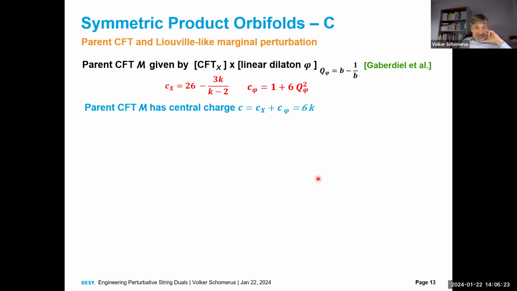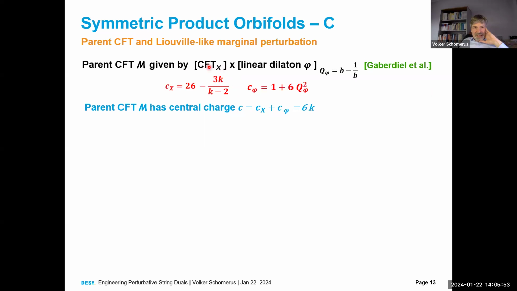And now let's describe the parent theory that we want to study. Our parent theory M is given by the proposal of Gaberdiel and collaborators, in particular the one that appeared in Eberhardt's paper from 21 that I was referring to initially. You take some CFT X, your favorite CFT. The only thing is that it has to have central charge 26 minus 3k over k minus 2, where k is some number.